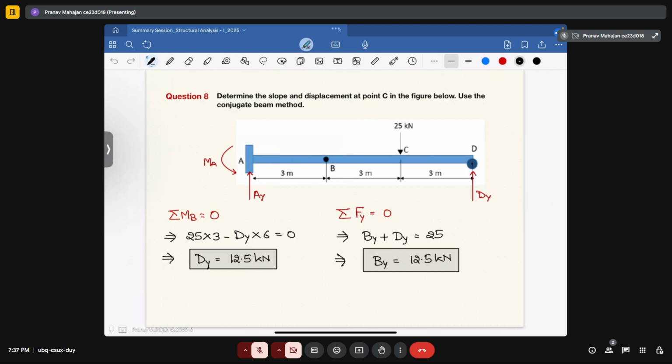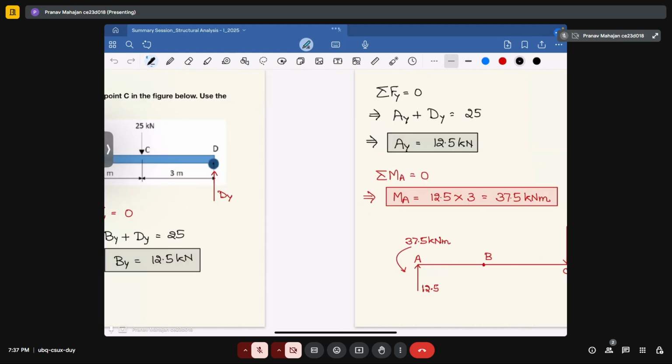Under such a situation, you have one more equation due to the internal hinge, which will give you the value of capital Dy, the vertical reaction at point D. Using that, if you calculate another reaction, the value of By, it will give you the same value equal to 12.5 kilonewton. Now for span AB, the value will come out equal to 12.5 kilonewton.